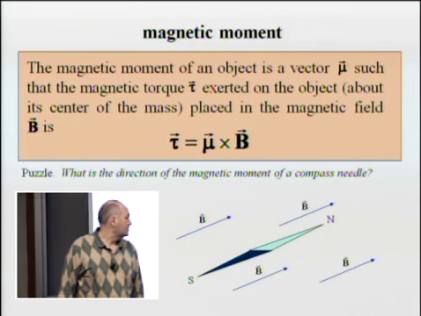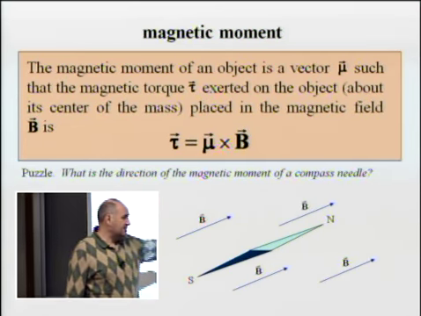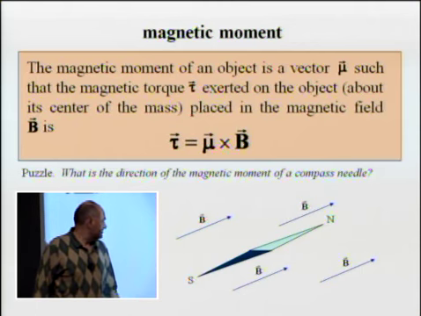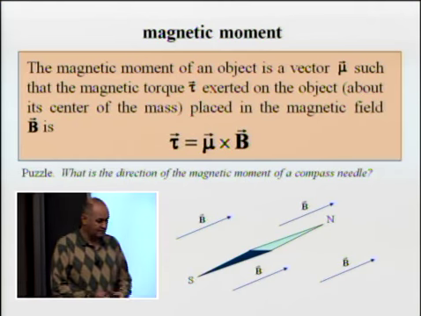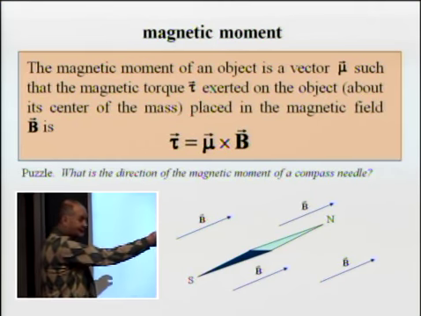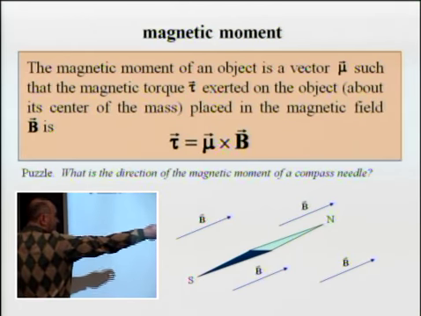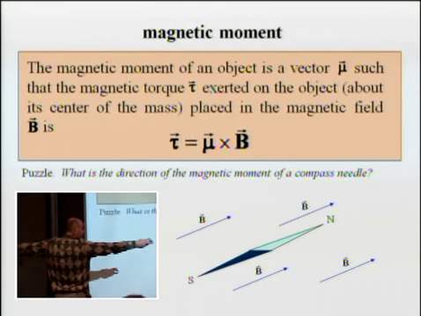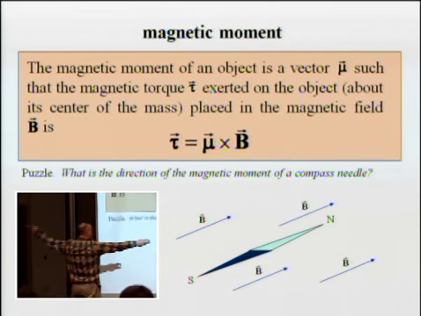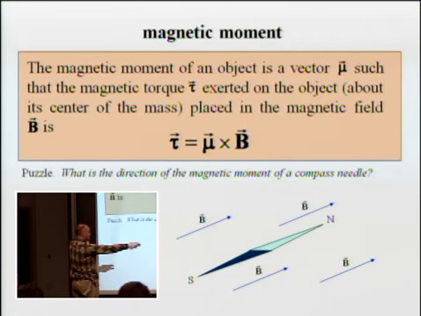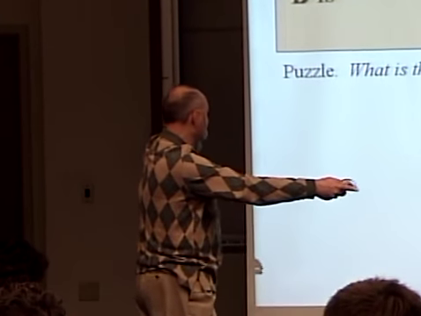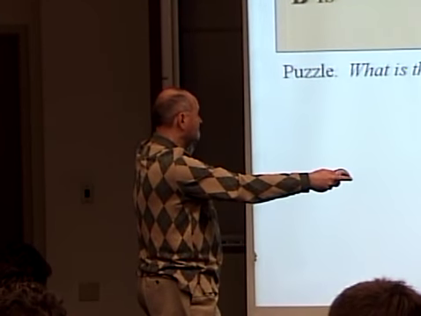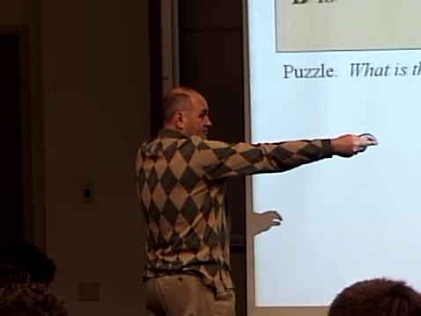Into the board. Into the board, so perpendicular to the needle, right? Okay, so my north pole was that way, right? So if the north pole is this way and south pole is this way, let's say that my magnetic moment is into the whiteboard, and the magnetic field is to the right.